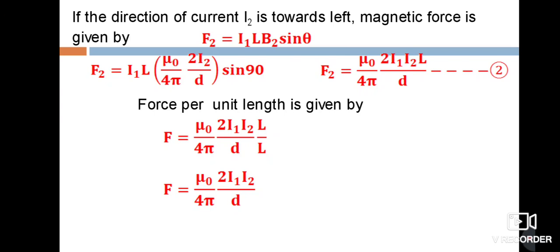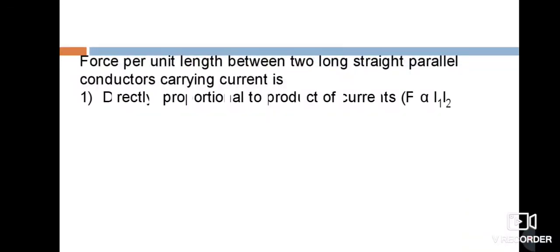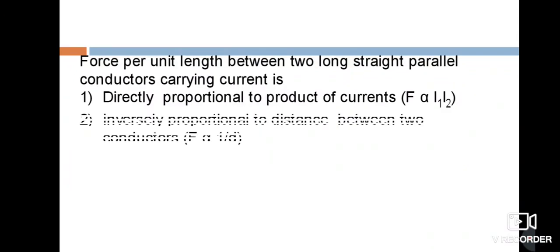This is the force between the two parallel conductors, and from this equation it is clear that the force per unit length between two long straight parallel conductors carrying current is directly proportional to the product of the currents, and inversely proportional to the distance between the two parallel conductors.